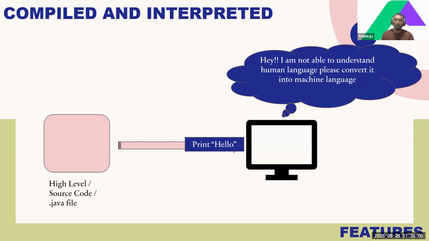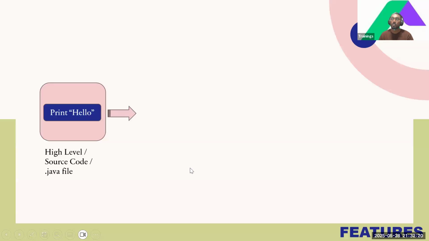That translator will convert your language to Japanese and Chinese, and Chinese and Japanese to your language, right? So you'll go with the translator. In Java also we have one translator called javac.